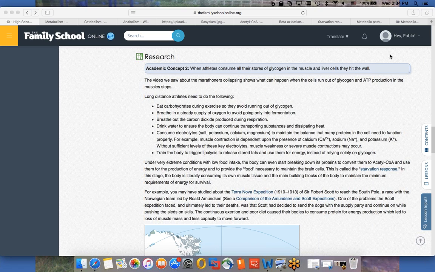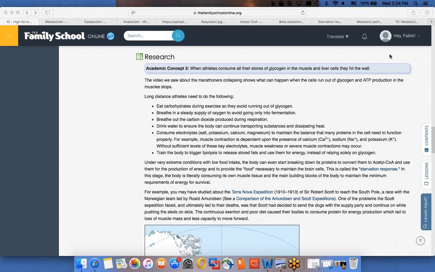Okay. So this concept tells us what athletes should do, because when athletes consume all their stores of glycogen in the muscle and liver cells, they hit the wall, which I don't think they actually hit a wall.